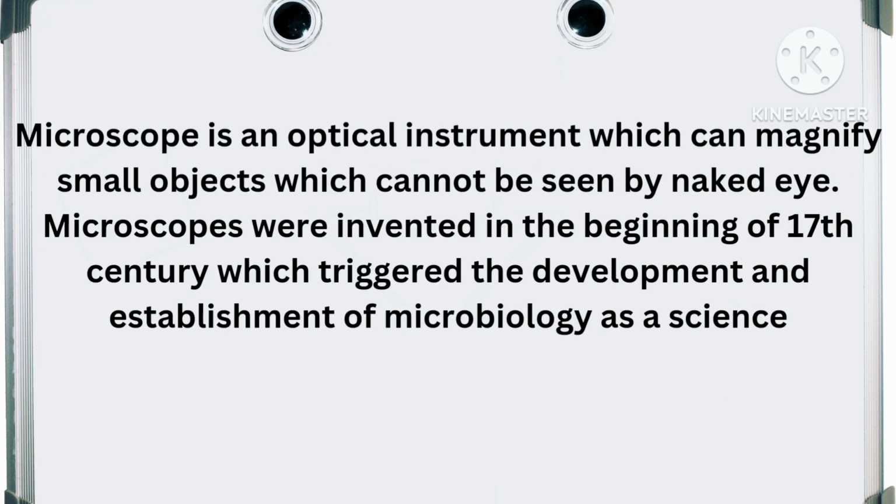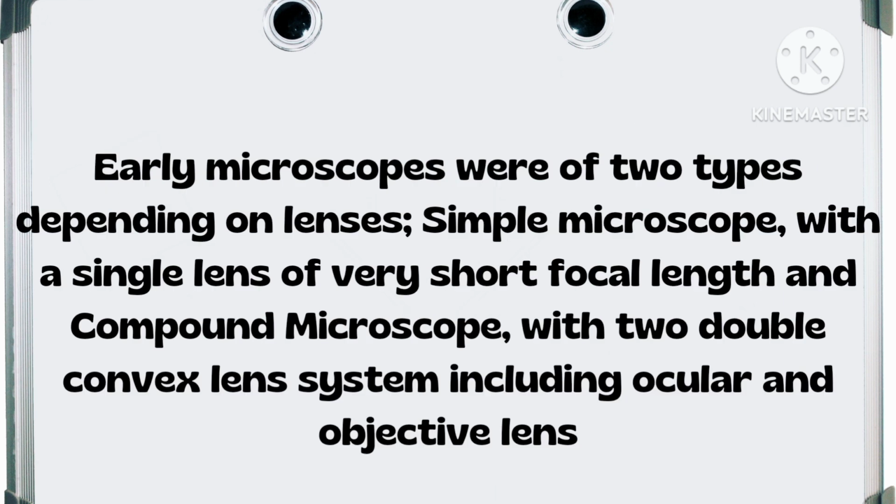A microscope is the optical instrument which can magnify small objects which cannot be seen by the naked eye, like the microorganisms. They were invented in the 17th century, and they include two types depending on the lenses, which are the simple microscope and the compound microscope.